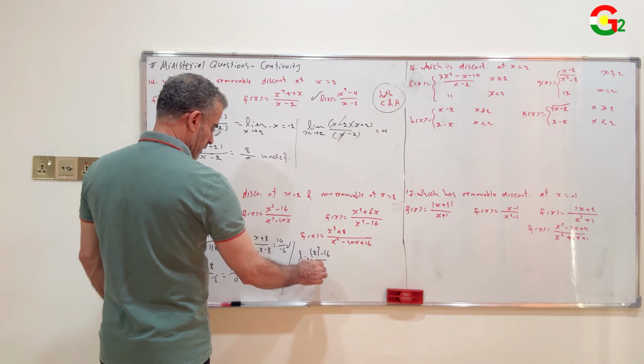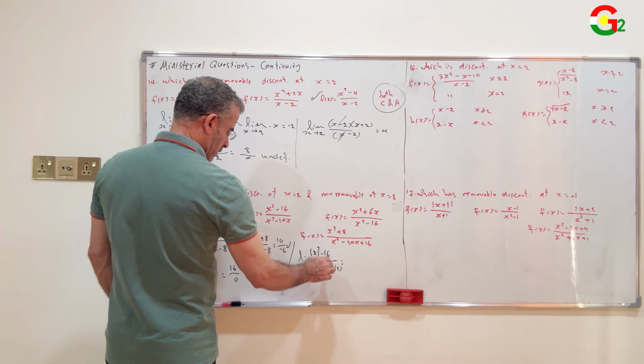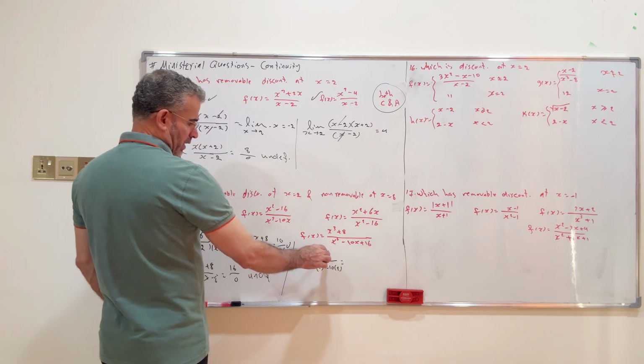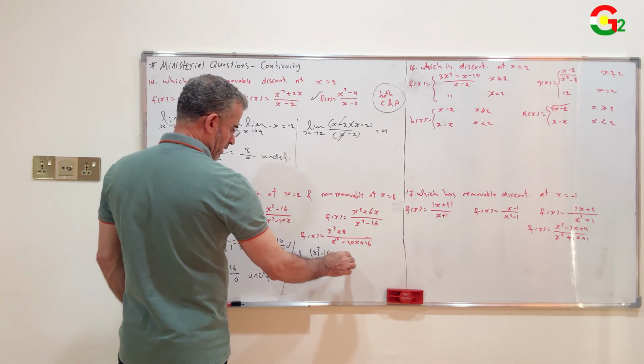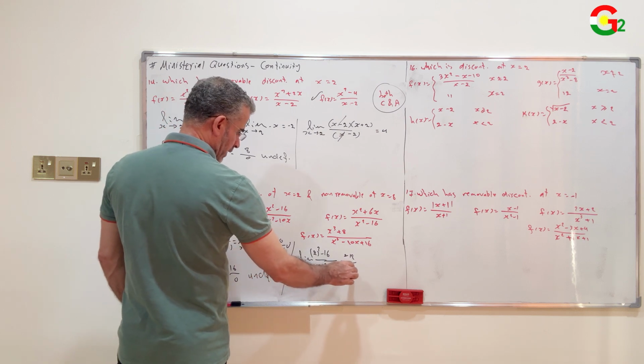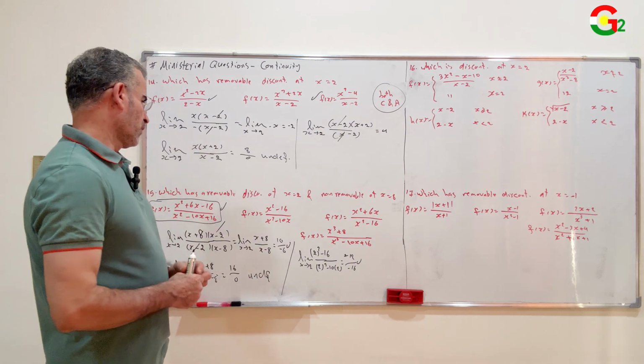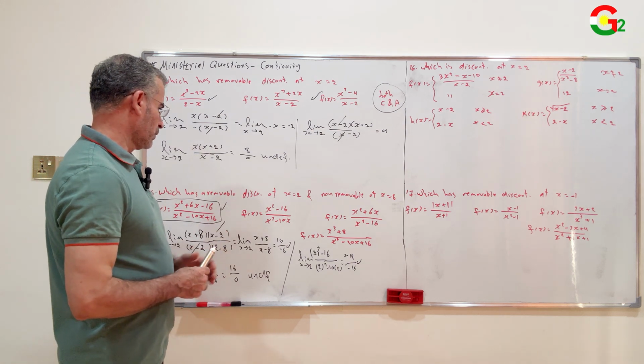The answer is 4 minus 16 minus 12 over 4 minus 20 minus 16. The function has a removable discontinuity at 2.